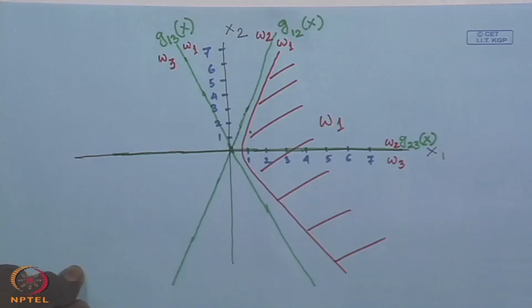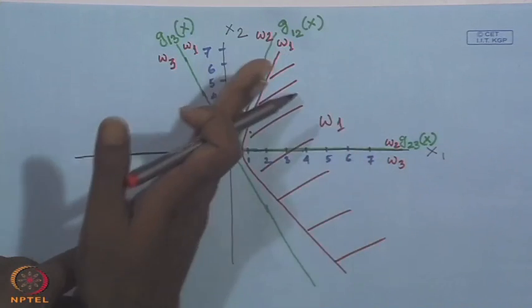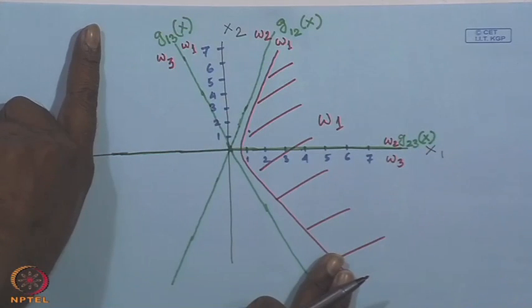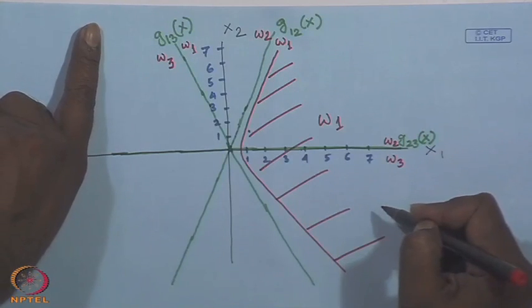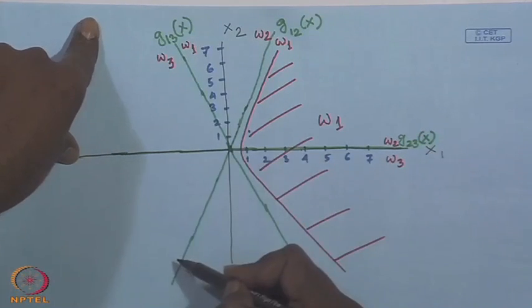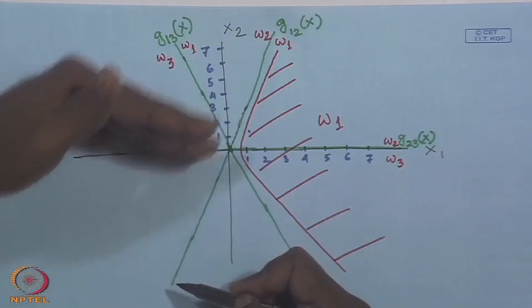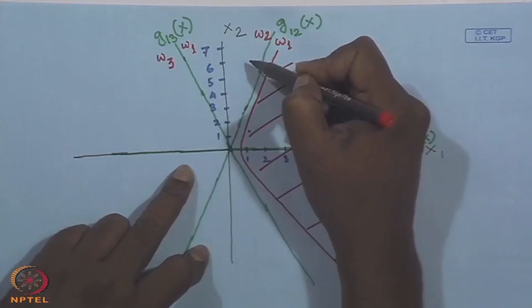Then, when I consider omega 2, you find that between omega 1 and omega 2, this half belongs to class omega 2, and between omega 3 and omega 2, it is the upper half which belongs to class omega 2.